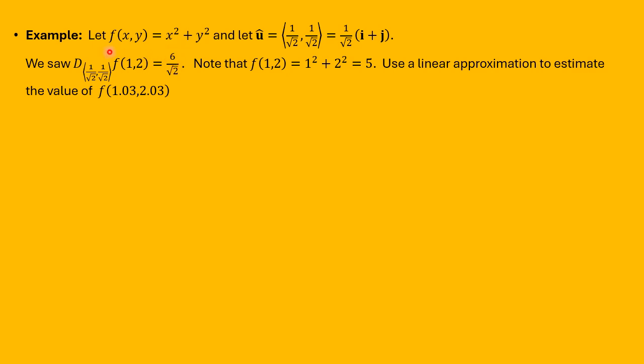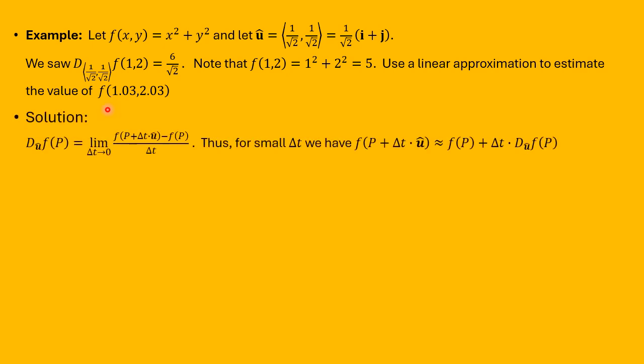We notice that f of (1, 2) is 1 squared plus 2 squared, which is 5. And our problem is to use a linear approximation to estimate the value of f of (1.03, 2.03).